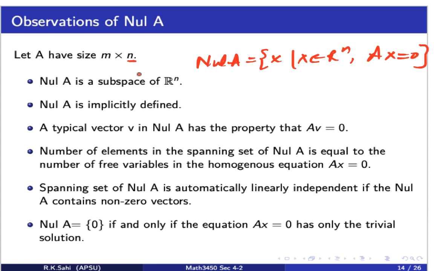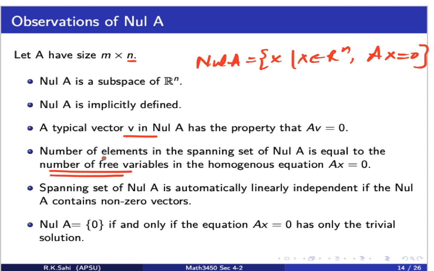And if I have an element of the null space of A, a vector x, it will always satisfy that A times that x will always go to the 0 vector. Now, how many vectors are going to be in the spanning set? It is always equal to the number of free variables. Very important.